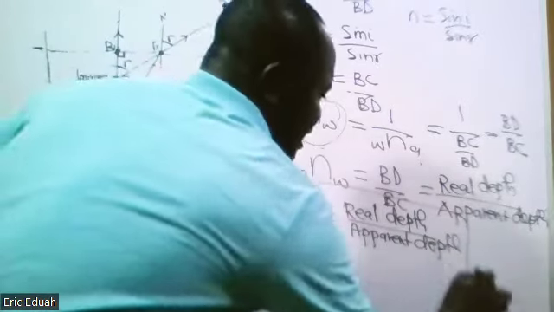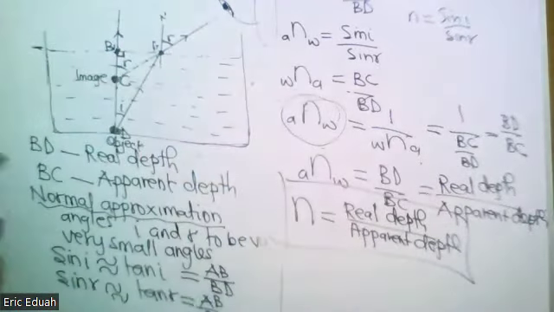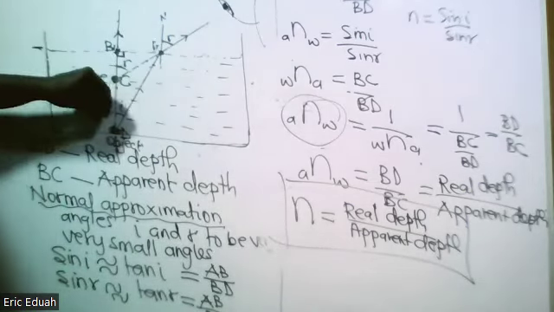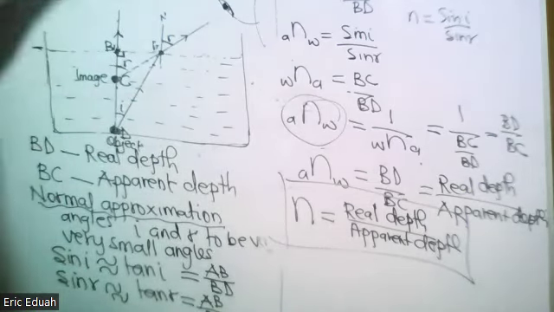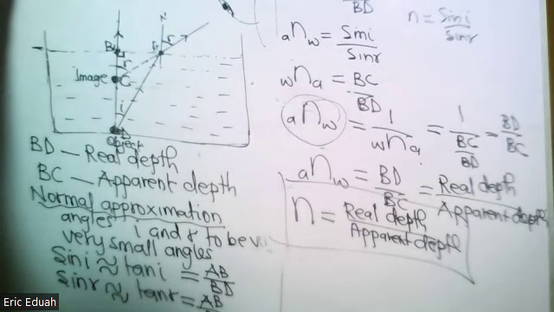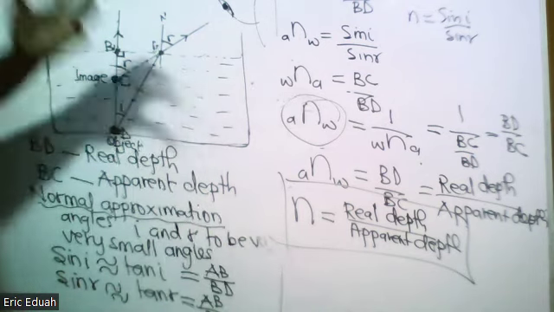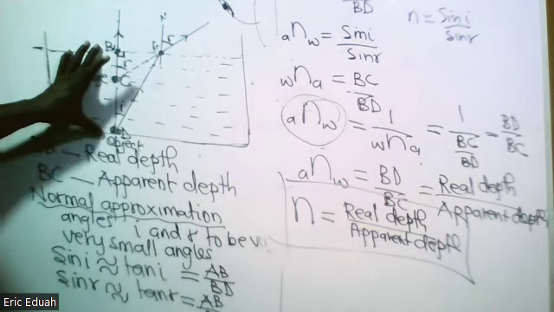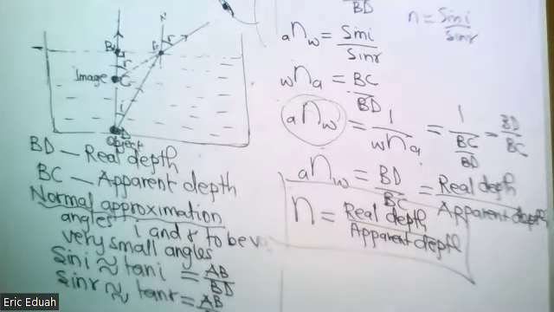So that is how to determine the refractive index of an object dropped in water. The absolute refractive index of the liquid or of the water becomes the actual depth over the apparent depth.